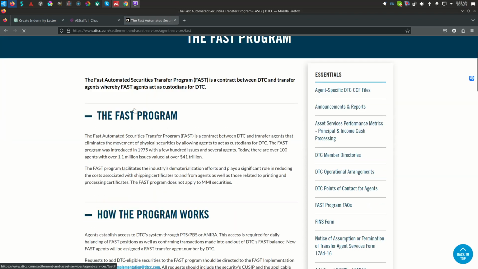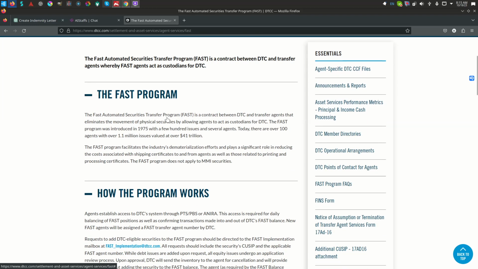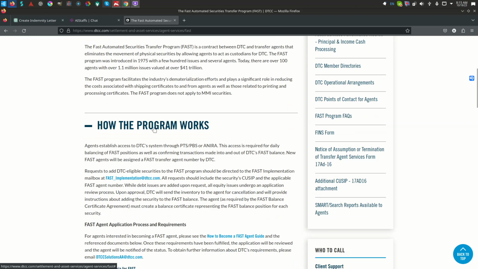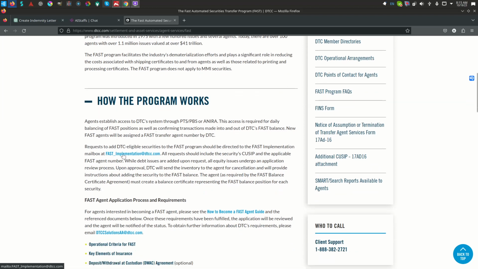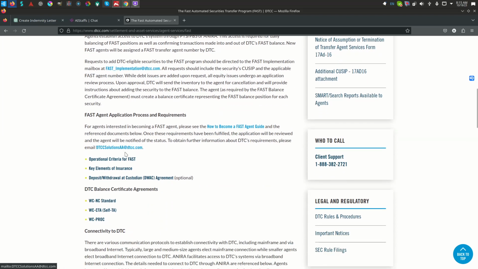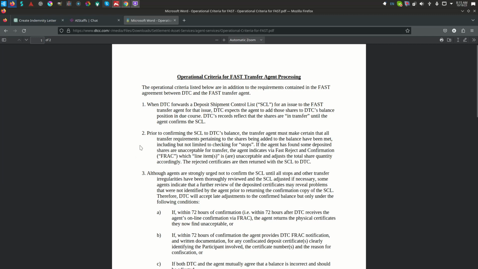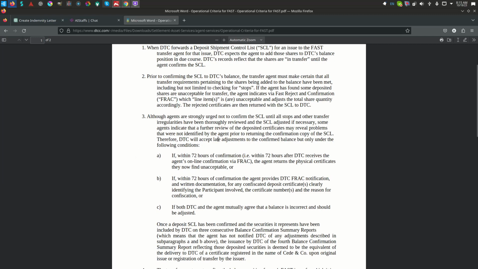All right, the FAST automated security program. Yeah, we're gonna accept the cookies. How the program works. This is the implementation at the mailbox. Then it's the solutions operating criteria. Whoa, there's a document here.